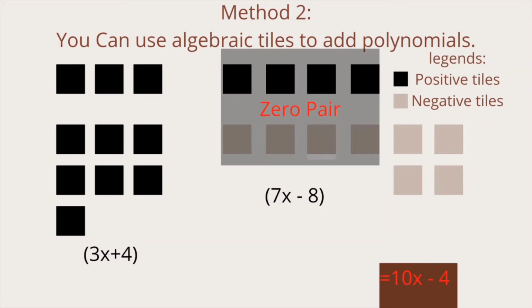So we have to count all the remaining tiles inside the equation. We have 10 dark tiles, which is 10x, and 4 light tiles, which is negative 4. So the sum of the equation is 10x minus 4.